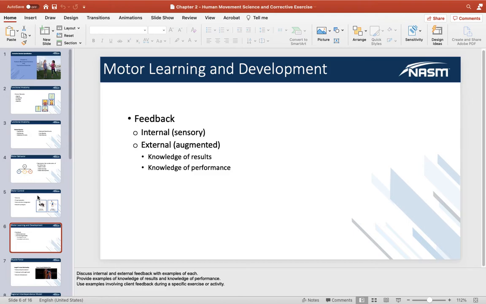And then from there, what we talk about is motor learning and development. You end up with that motor control, those four components of the motor control piece.